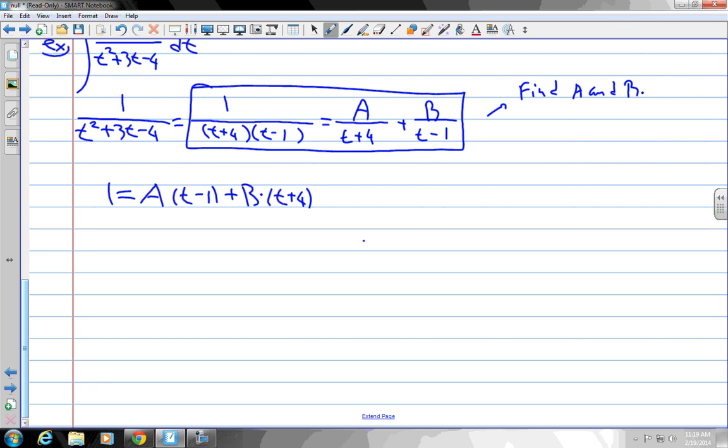Then we can let t equal 1. If t equals 1, the a term is gone, and you get 1 equals b times 5. So b equals 1/5.